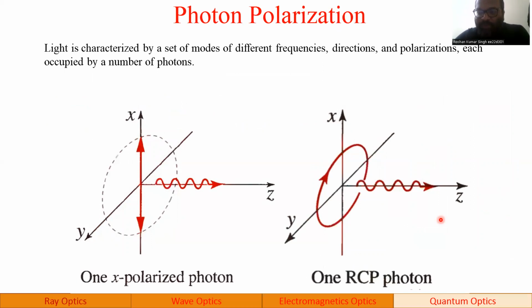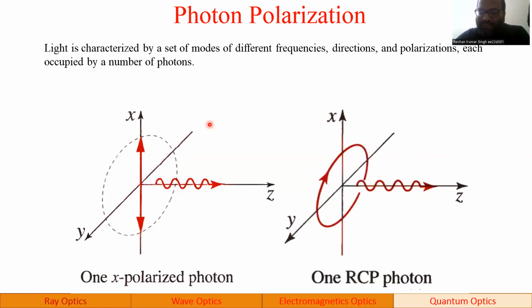We know that in an electromagnetic field there is a polarization. But what about the photon? Photon is treated as a particle as well as a wave. When we perform the experiment, we find that the photon also has the polarization property, since it has electric and magnetic properties.